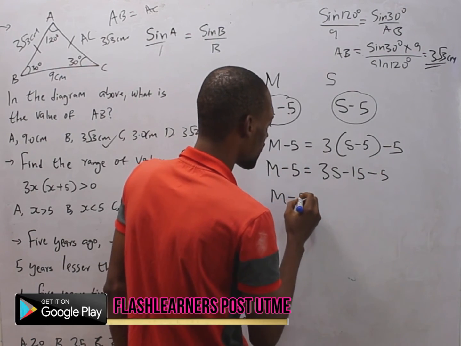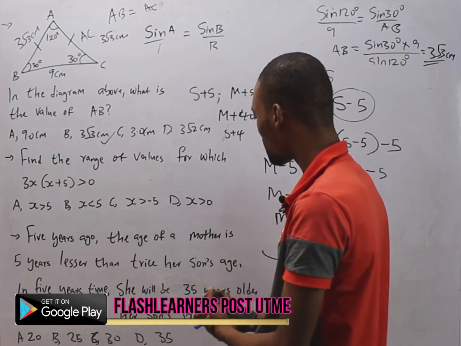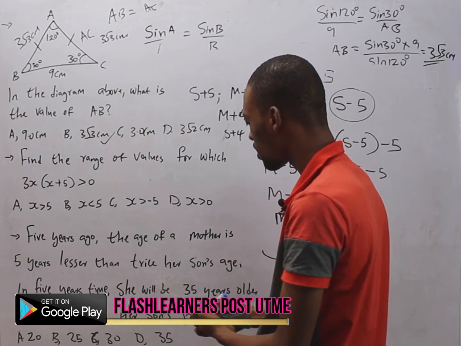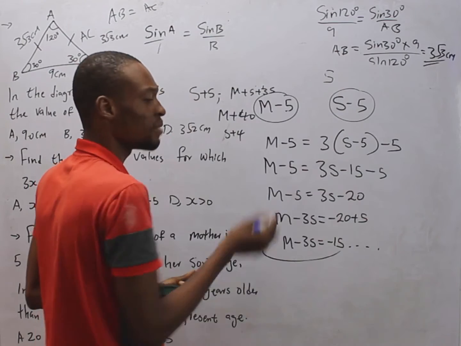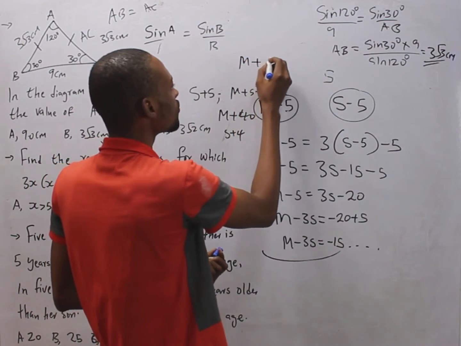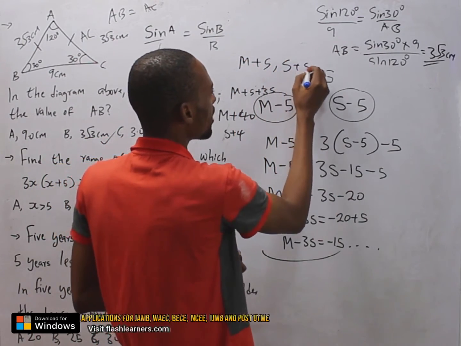In 5 years' time, she will be 35 years older than her son. In 5 years' time, it's simply mother plus 5 and son plus 5.